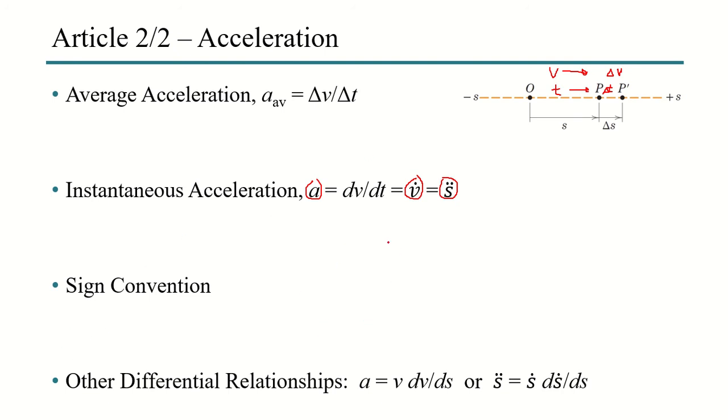we may find that the acceleration could be positive if the particle is moving towards the right with increasing velocity. So acceleration is positive, meaning greater than zero, if the particle is moving towards the right with increasing velocity.